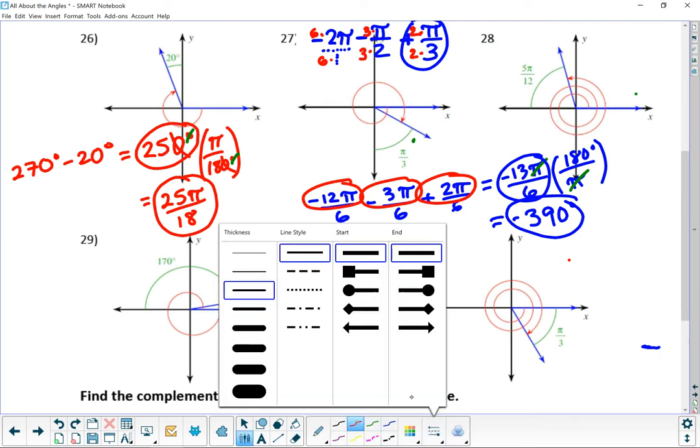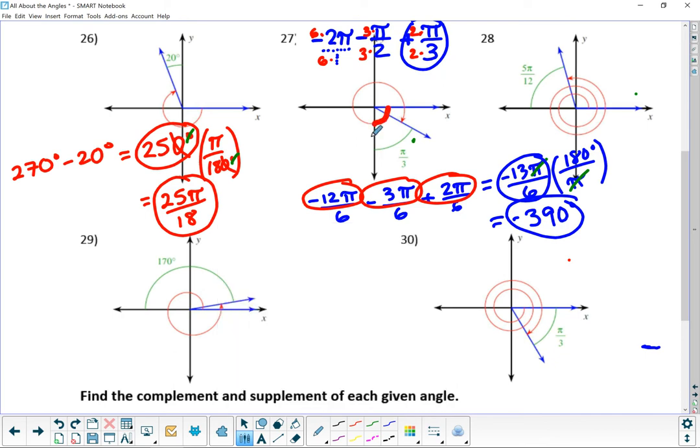Because if I go backwards, backwards 90, negative 90, negative 180, negative 270, negative 360, and look, we're at negative 390. So negative 360, and then plus a little bit more. So that's 30 degrees more. So that's negative 390. So it looks good.